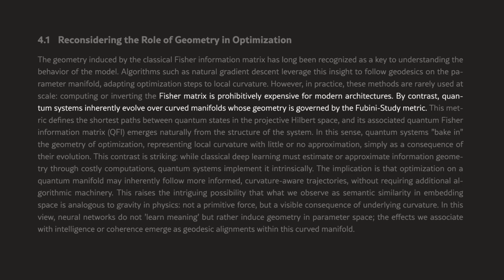By contrast, quantum systems inherently evolve on curved manifolds whose geometry is captured by another metric called the Fubini-Study metric, which is much easier to calculate. And this paper is arguing that because this metric is easier to calculate, less expensive, it gives us much richer information about the training space that we could use.